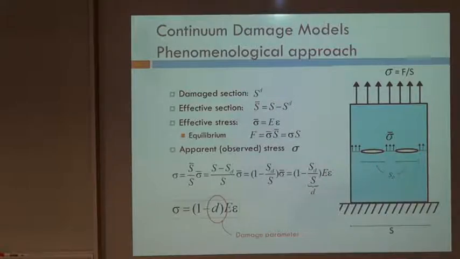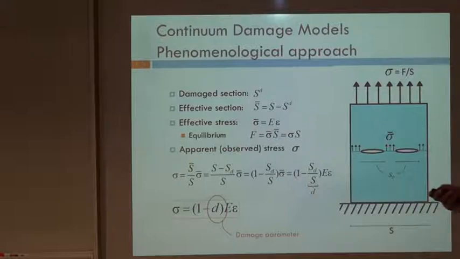On the other hand, we have the rest of the area, the total section minus S_D, which we assume is completely able to sustain the stresses, and that is why exteriorly we still have some carrying capacity of the structure. Okay?